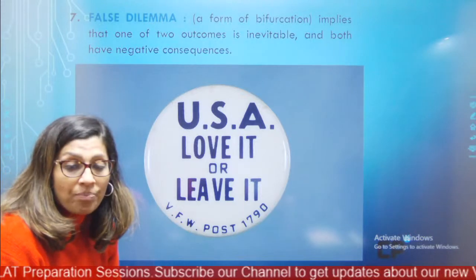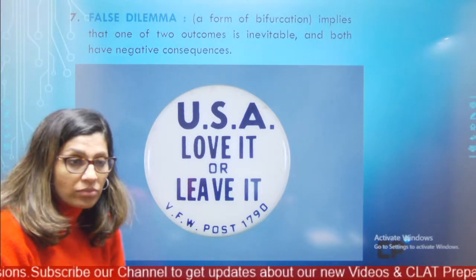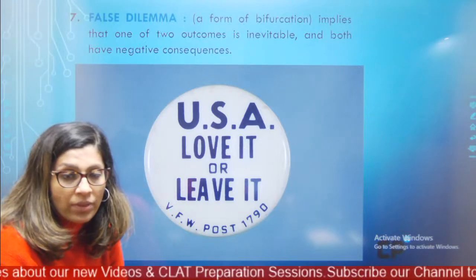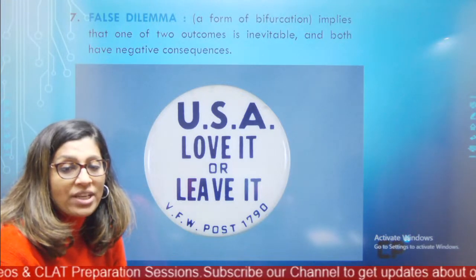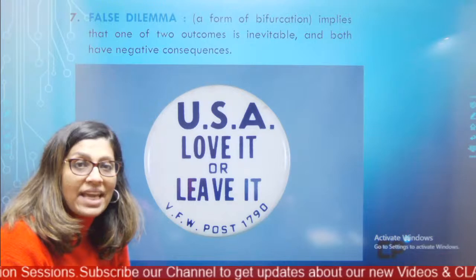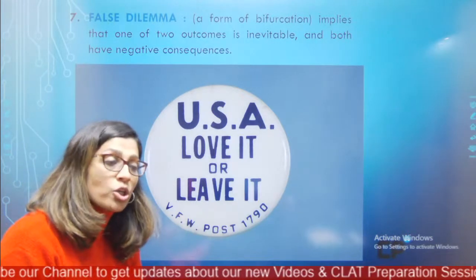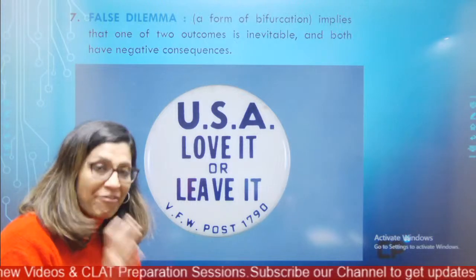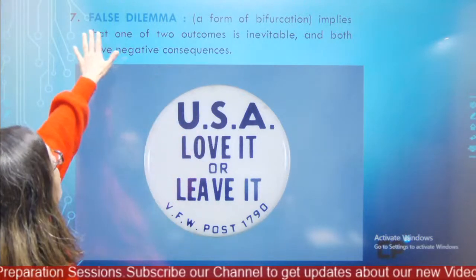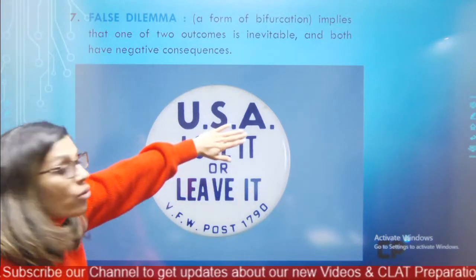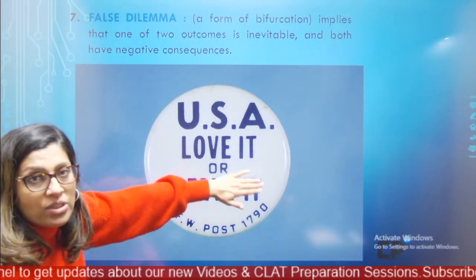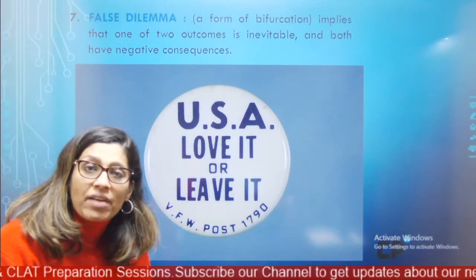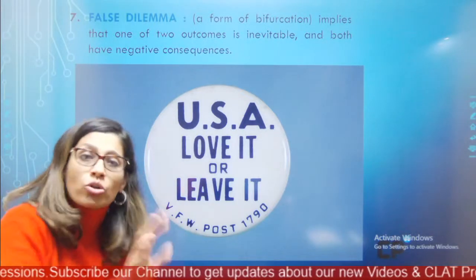Bifurcation itself is a fallacy where you only give two alternatives for an outcome. In bifurcation, you create two impossible alternatives and then say, boss, choose one. There is no third thing.